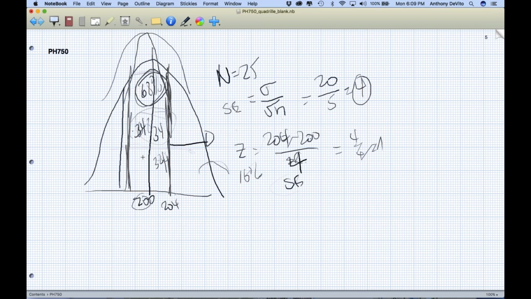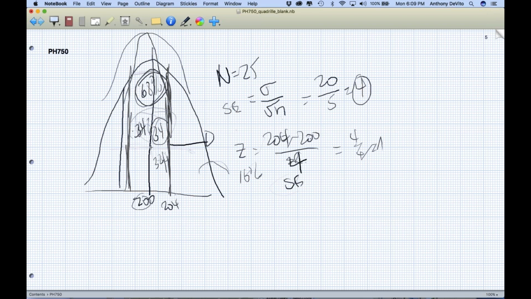Adds up to 68. Right? Am I right? So it's not 68% that are in the middle. Oh, right. Sorry. Yeah, it's 68% in the middle. Now you're doing 50 minus 34.